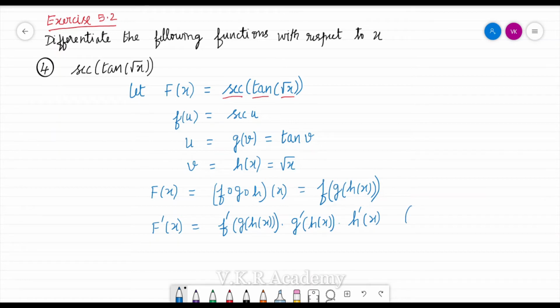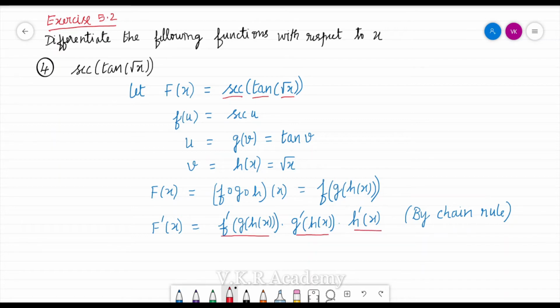This again follows from the chain rule extended to the composition of three functions. Now let's compute the derivatives one by one and substitute in the chain rule.